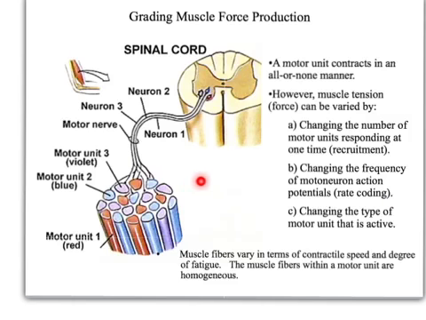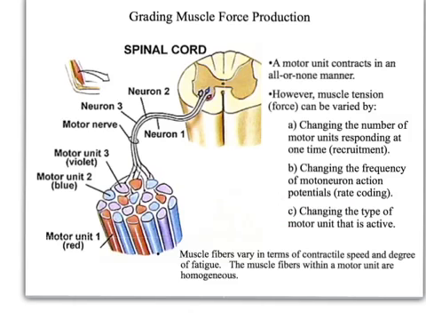So when you increase the stimulus, you don't increase the action potential, you increase the number of action potentials, the amplitude being the same. So kind of the same principle here by changing the frequency of motor neuron action potentials, and also by changing the type of motor unit that is active.